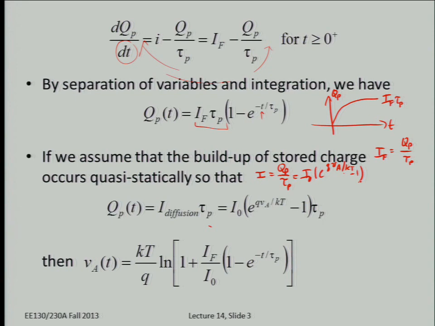Qualitatively, all you have to know is that the longer the lifetime, the longer it takes to reach steady state. Why does that make sense? Why does it take longer to reach the steady state value of charge stored or the voltage applied if the recombination lifetime is longer?